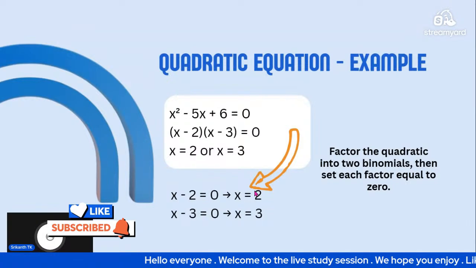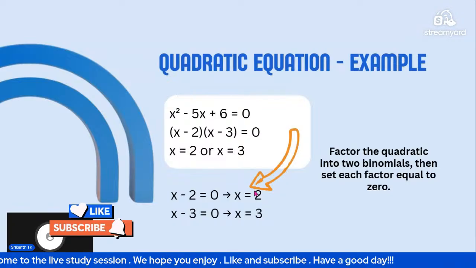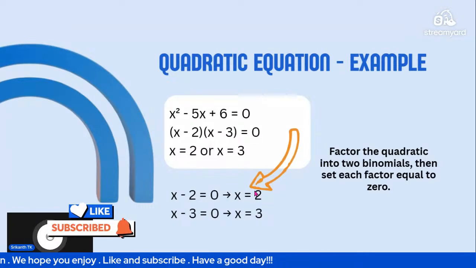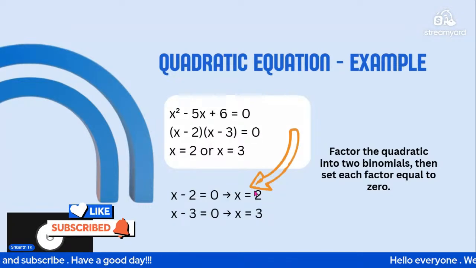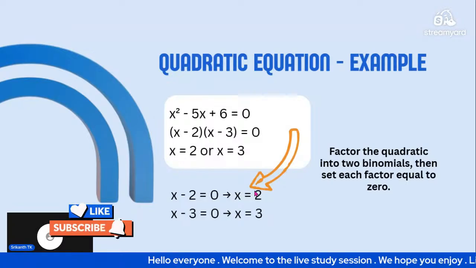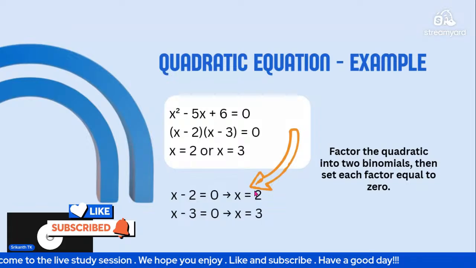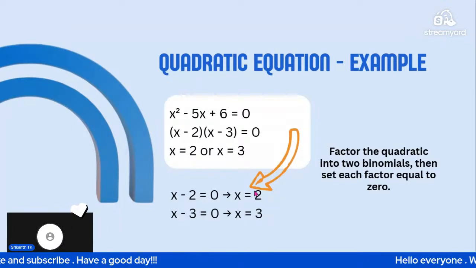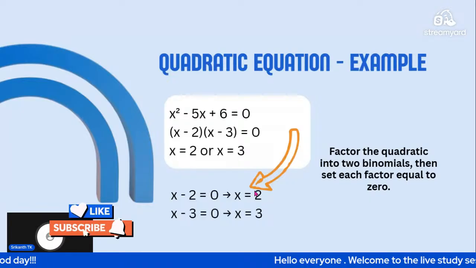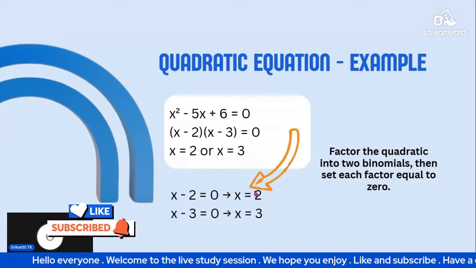How would you solve this? Which is a good question. You need to multiply ax squared with c, which in this case is 6x squared. So what you need to do next, you need to find two numbers which give the product of ax squared times c and which add up to b.